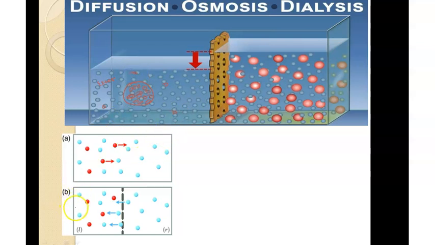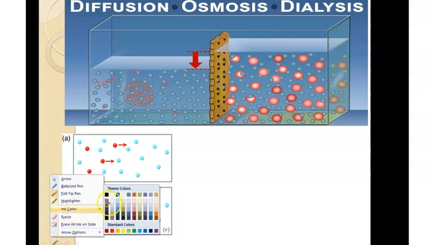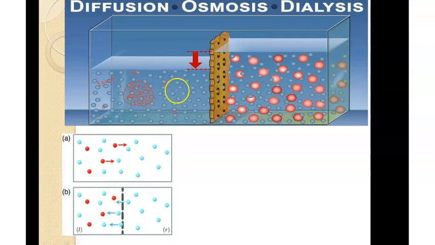Then water will start moving outside the cell. Suppose if I have a cell here with less number of water molecules and outside I have too much water, then water will start moving into the cell. This process is called osmosis.